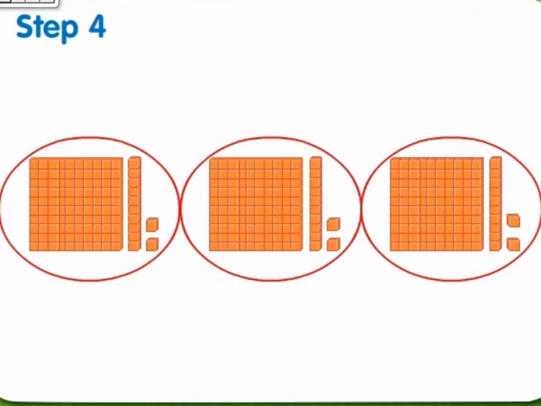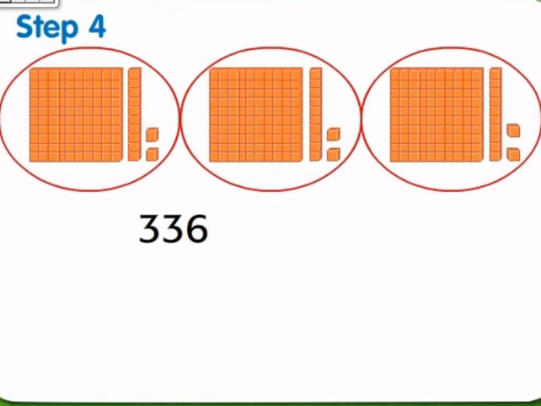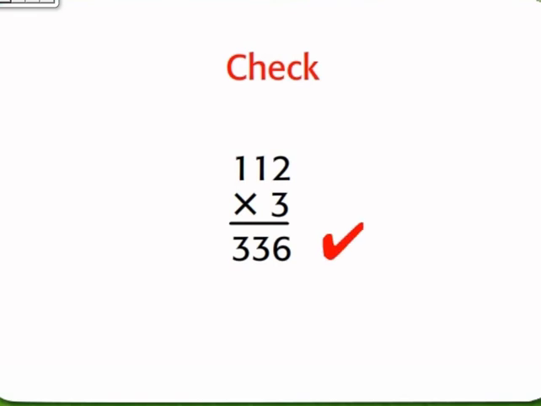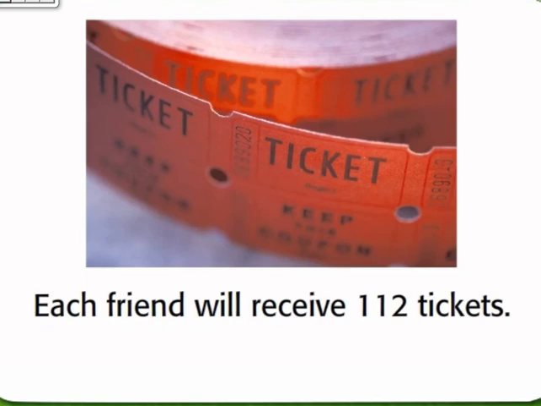So 2 ones blocks will go into each group. Each group has 112. So 336 divided by 3 equals 112. Let's use multiplication to check our answer. 112 times 3 equals 336. Our answer is correct. Each friend will receive 112 tickets. That's a lot of tickets.